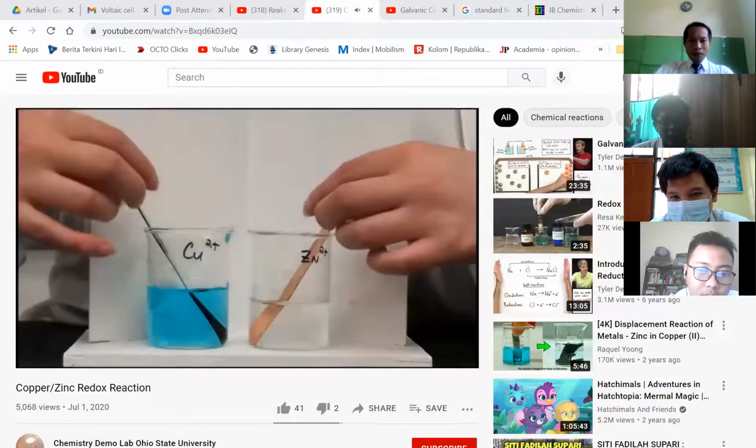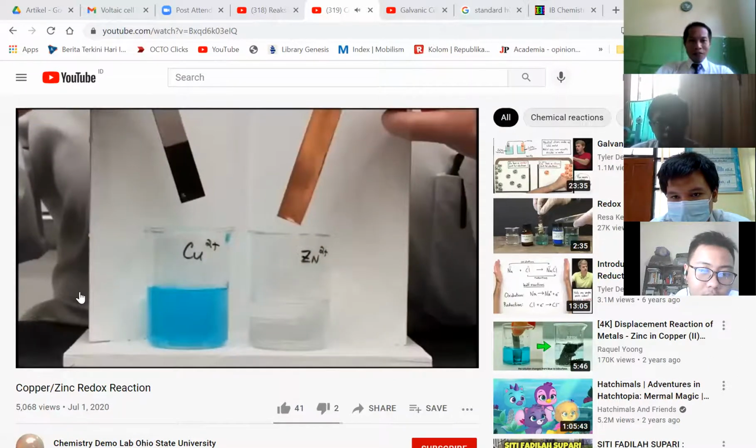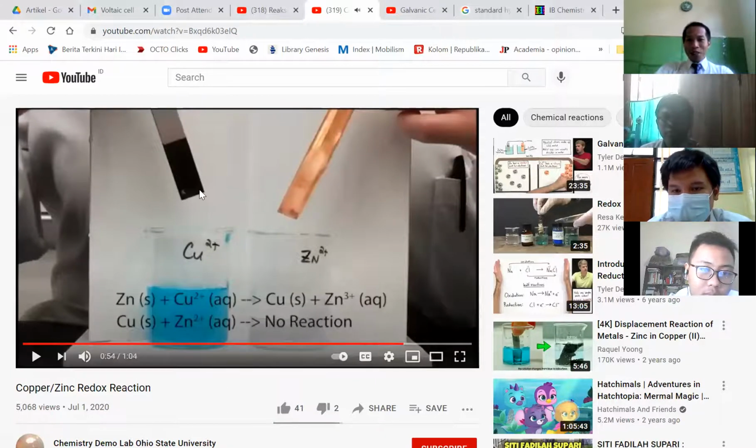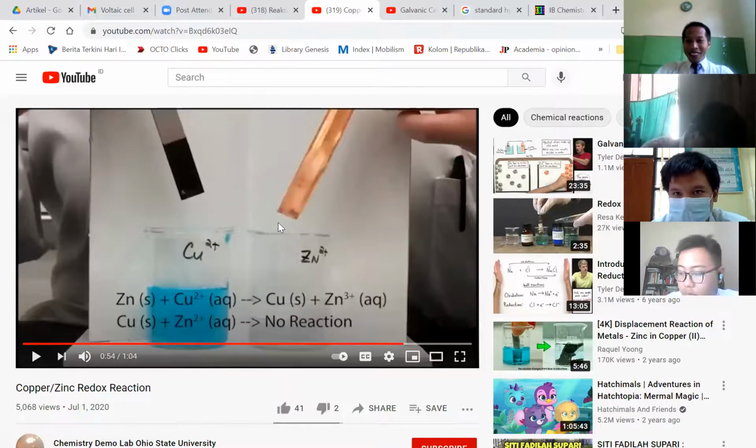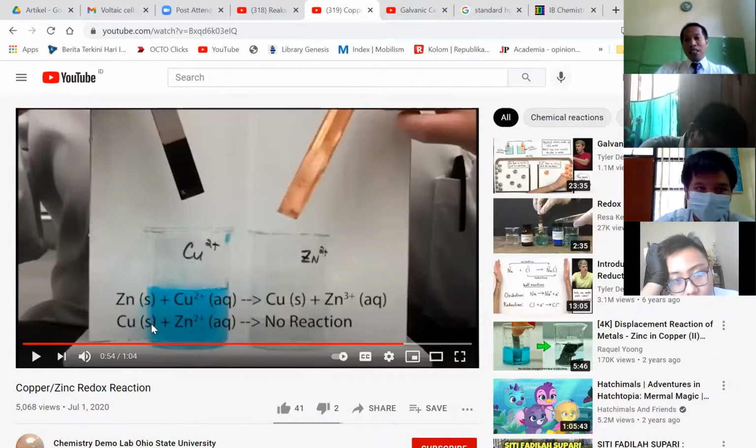As you can see, the zinc metal turned dark due to the formation of solid copper on the surface. As you can see, there is a dark accumulation of solid copper here as we wrote the reaction like this. Here, nothing happened, right? So that's why the reverse reaction is actually a non-spontaneous reaction.